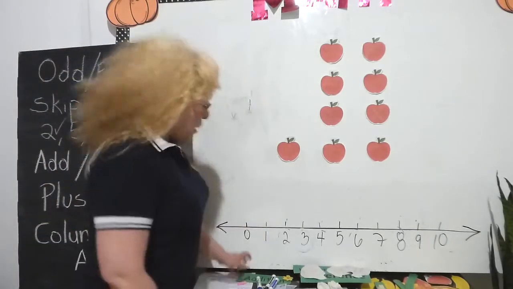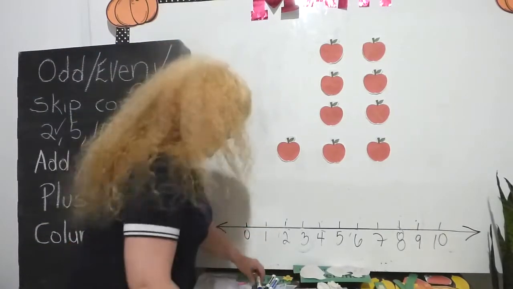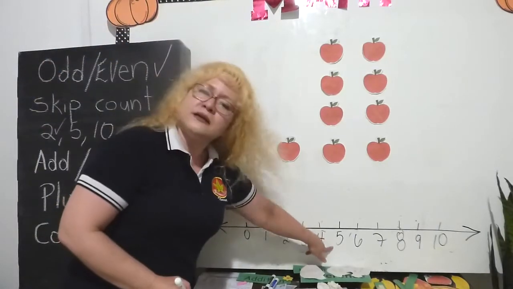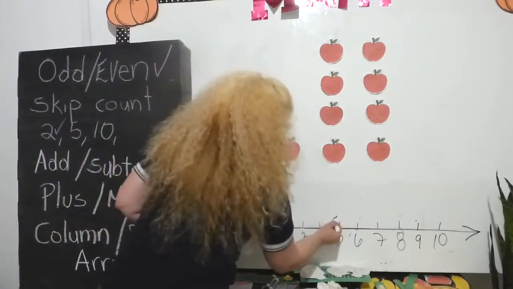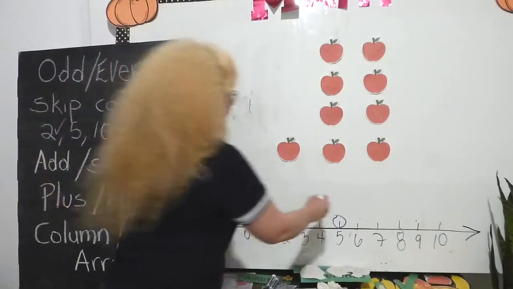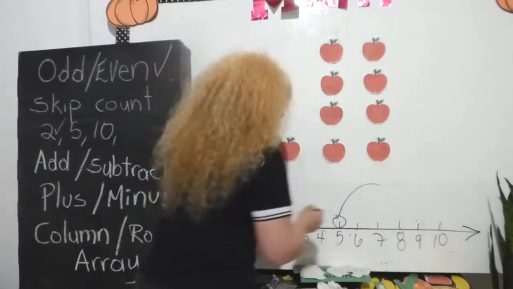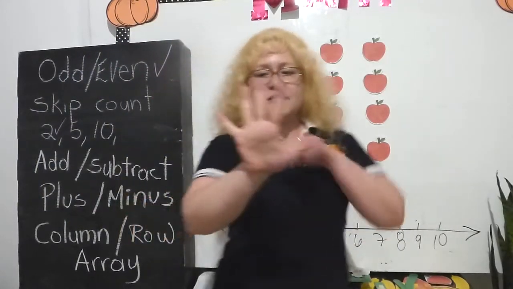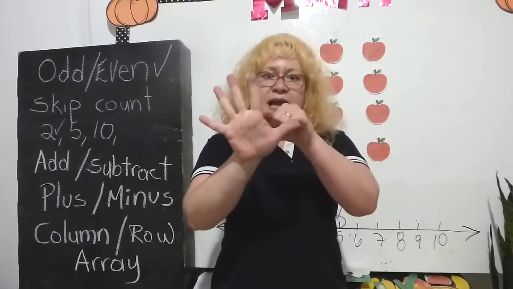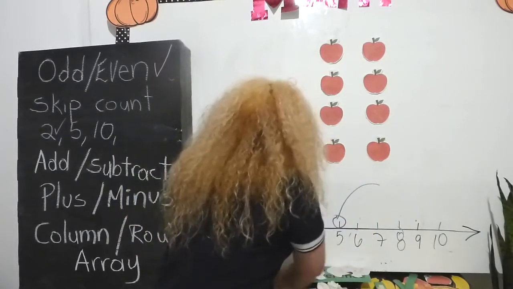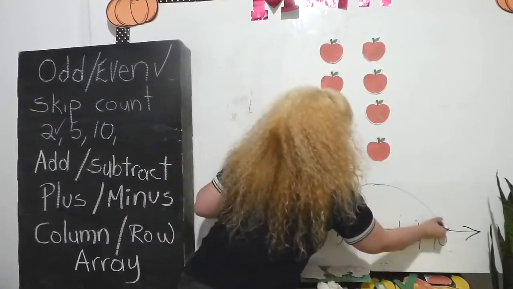Where do I have to start? I have to start on 5. 5, right? And I jump. 5, 6, 7, 8, 9, 10. I jump to 10.